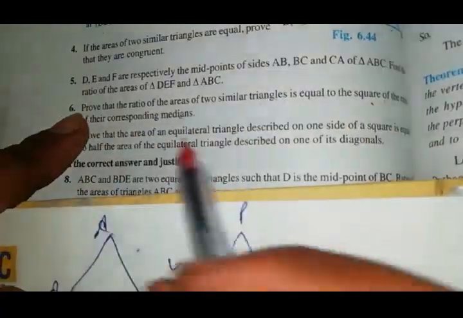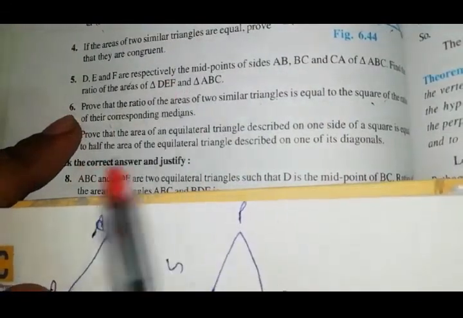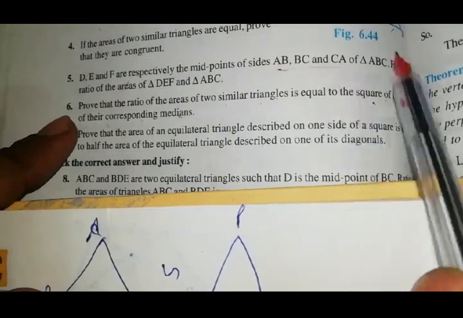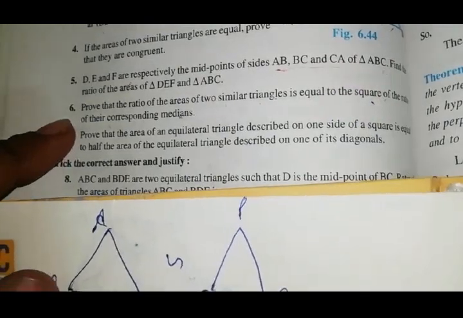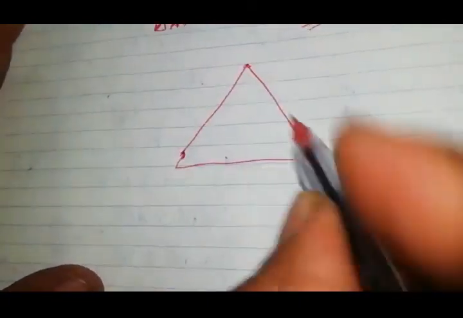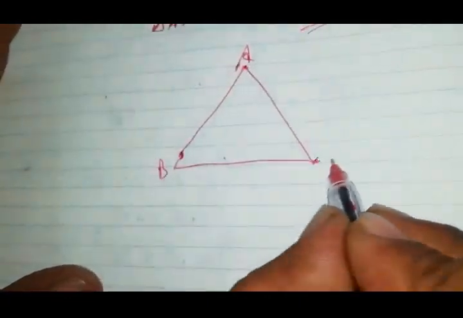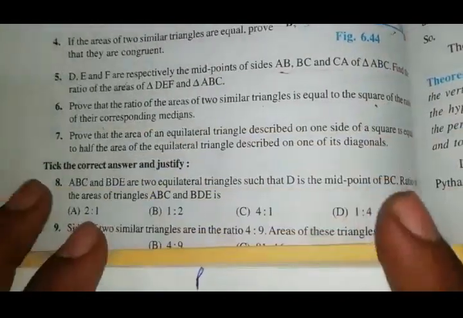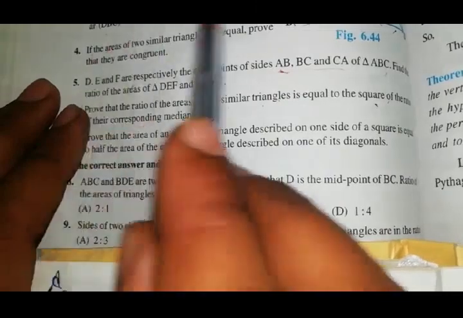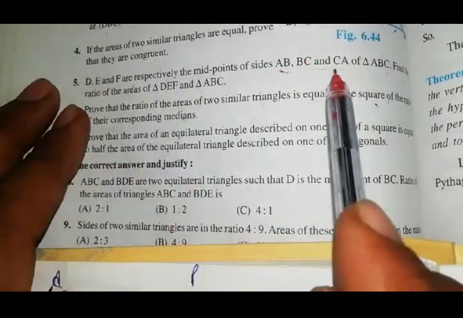In this, D, E and F are respectively the midpoints of AB, BC and CA of triangle ABC. So first of all we need to draw a triangle here. So look, this is our triangle ABC. Now D is the midpoint of AB, E is the midpoint of BC, and F is the midpoint of AC.